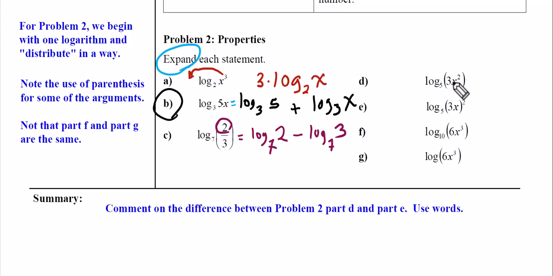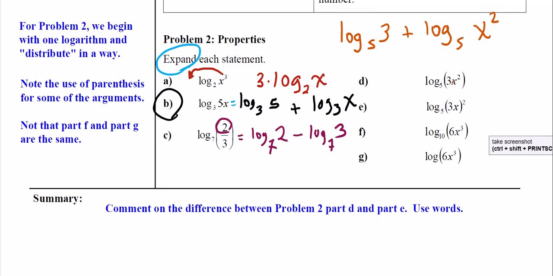So let me break down D a few ways. First, it's multiplying. Multiplication is addition.